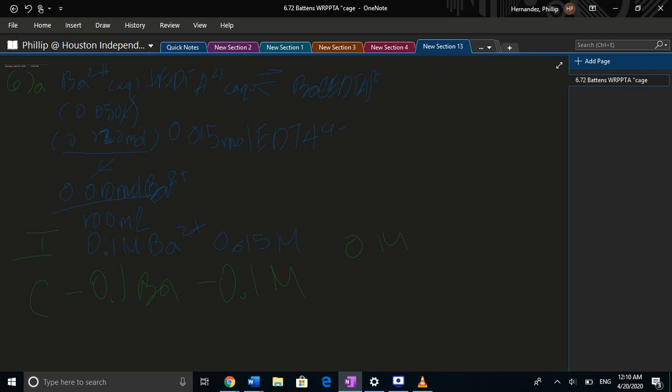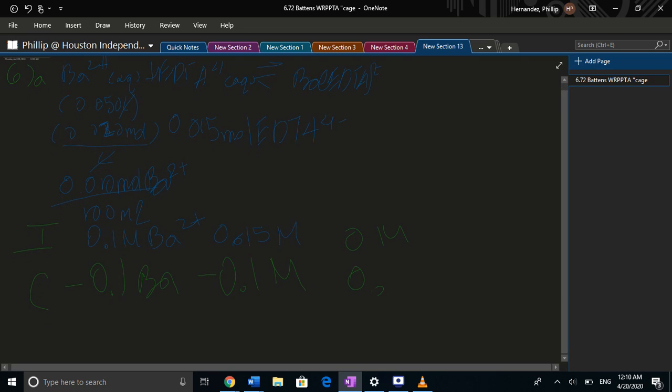And the concentration for Ba EDTA 2- is going to gain 0.1 molar.